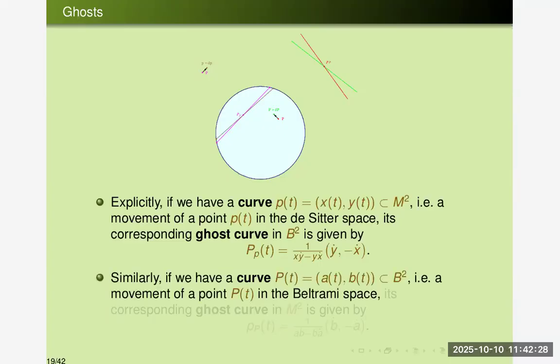Likewise, to a curve P of t here, there corresponds a curve small p with the index capital P here. Okay? So you see that for this curve to see something non-trivial here, it must move, you see?